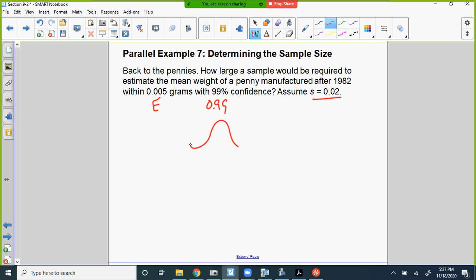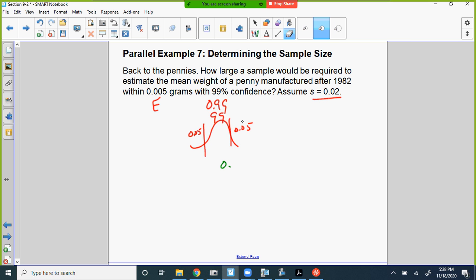Well, if you look at this, we got 99% right here, then we've got a half. Let's go 0.05 with my basic math calculations. 1 divided by 2, well, duh, 0.5.